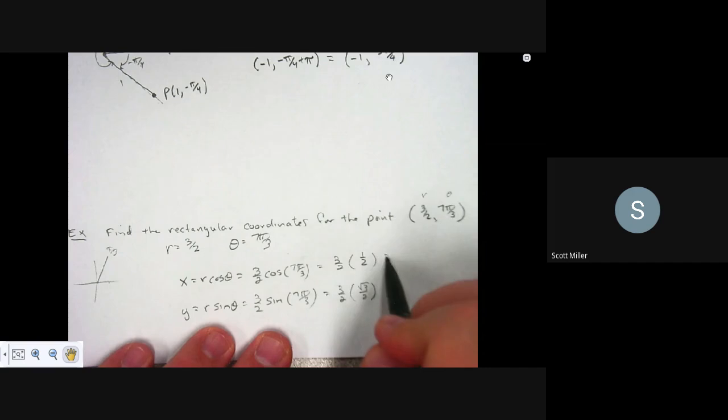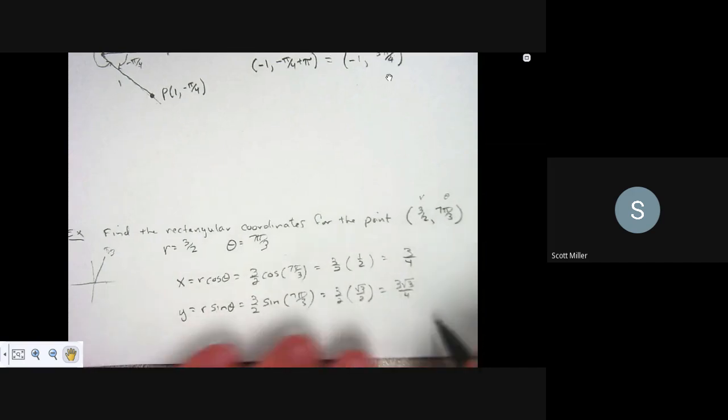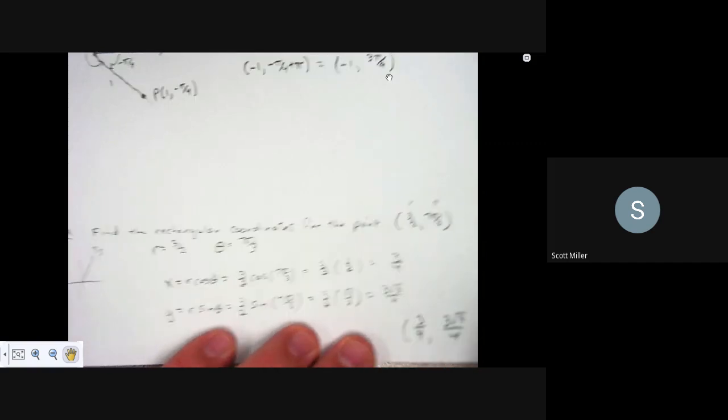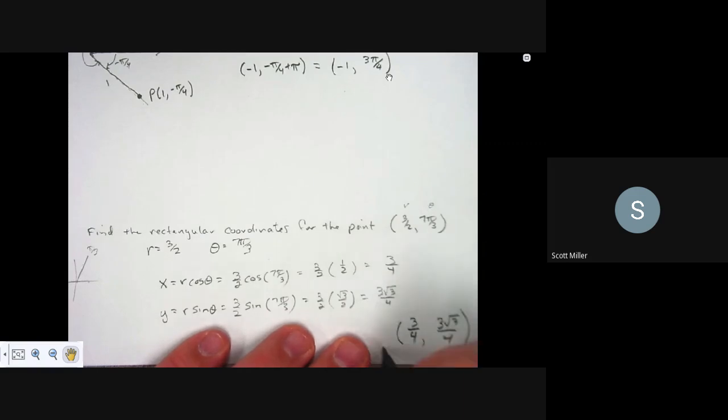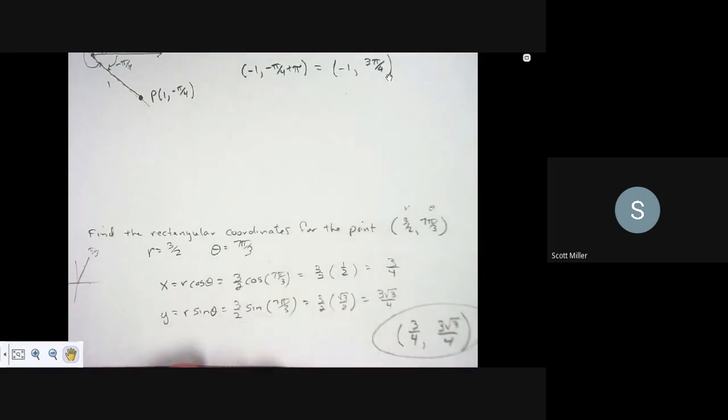So when I work this out, I get 3/4. And work this one out, I get 3 times the square root of 3 over 4. And that is my x and y coordinate. And that's how you put it into rectangular coordinates.